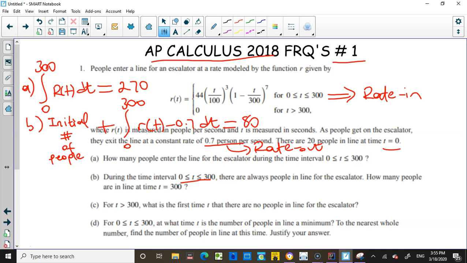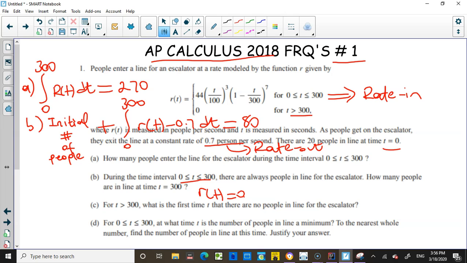Let's move on to part C. It says for t greater than 300, what is the first time t that there are no people in line for the escalator? We know that's going to be sometime greater than 300. Remember that for t values bigger than 300, r of t is equal to 0. So there is no rate in, but still there's a rate out.